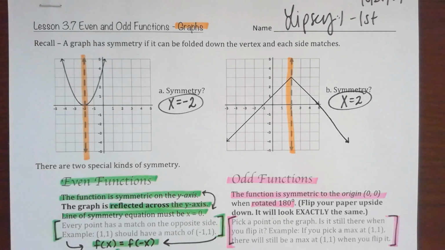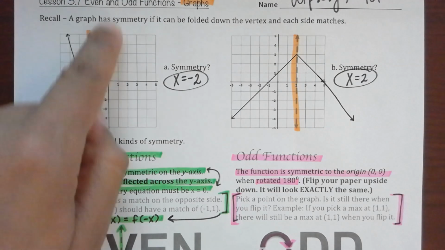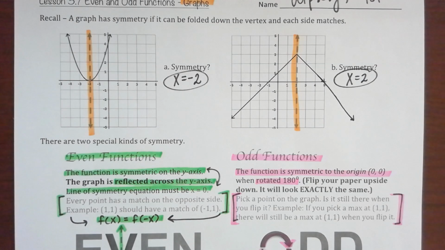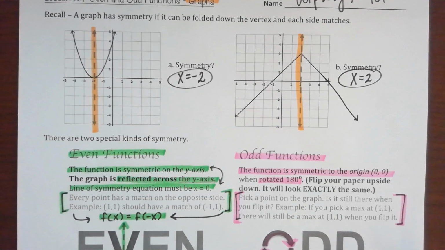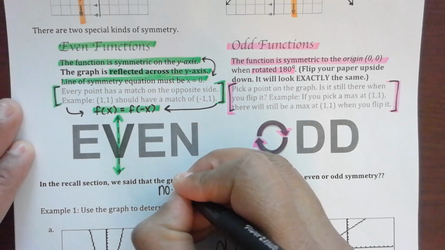We know for certain they're not what? Because I just told you it had to be where? On the... And these are definitely not on the y-axis. Odd. Are they crossing through the origin at any point? Nope. So they can't be odd either. So this would be a no. Neither.